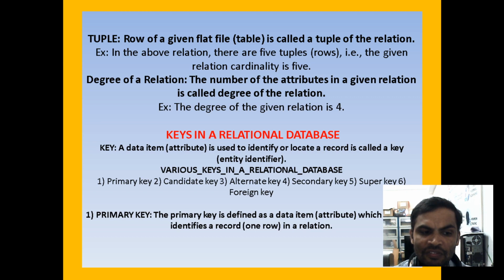When you define the database schema, at the time of designing the data structure, and you declare a particular attribute with a primary key constraint, then for that column we cannot insert duplicate values or null values. Primary means it uniquely identifies the record.